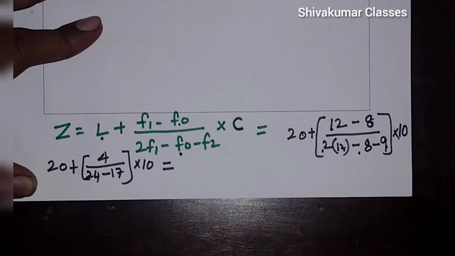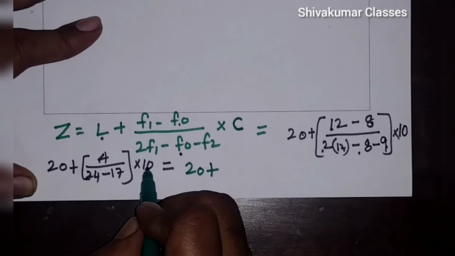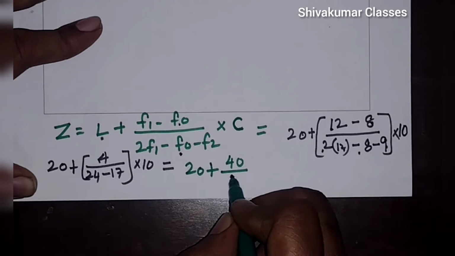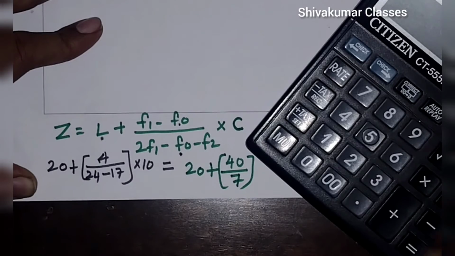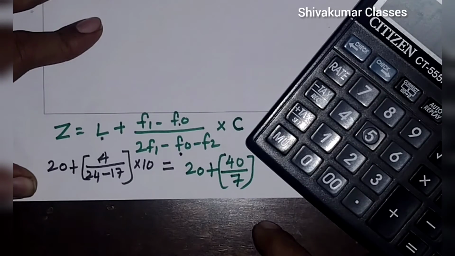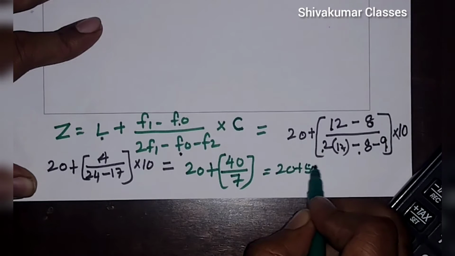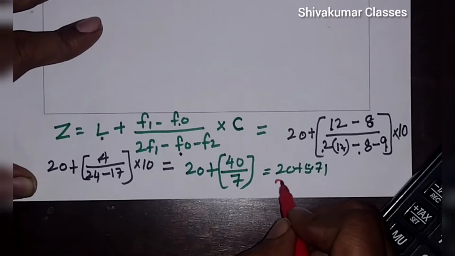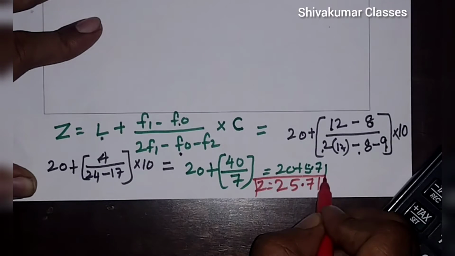Now write 20 as it is, 4 into 10 is 40, divided by 24 minus 17, which is 7. So from the 40 we have to divide by 7. 40 divided by 7 is 5.71, so 20 plus 5.71, the final answer is 25.71. Z means mode.